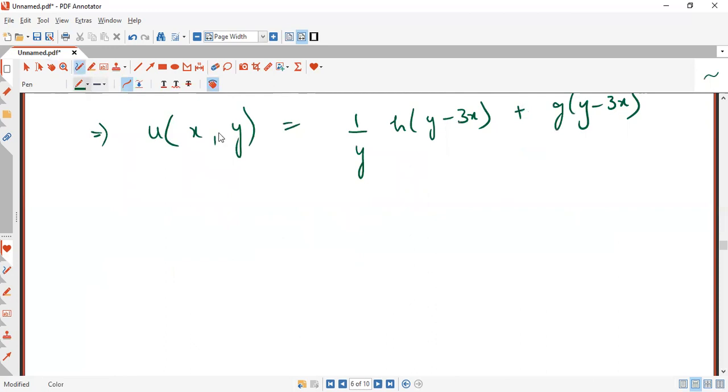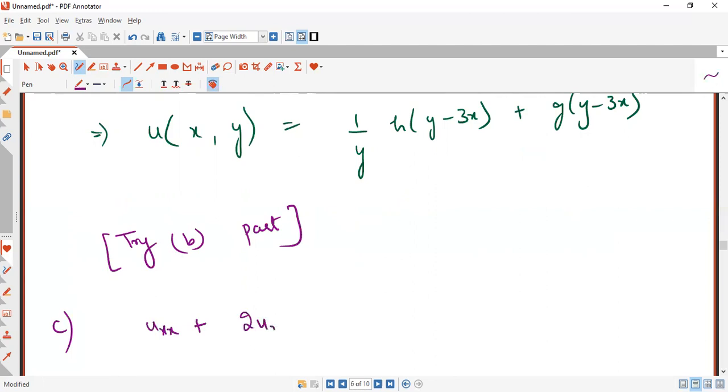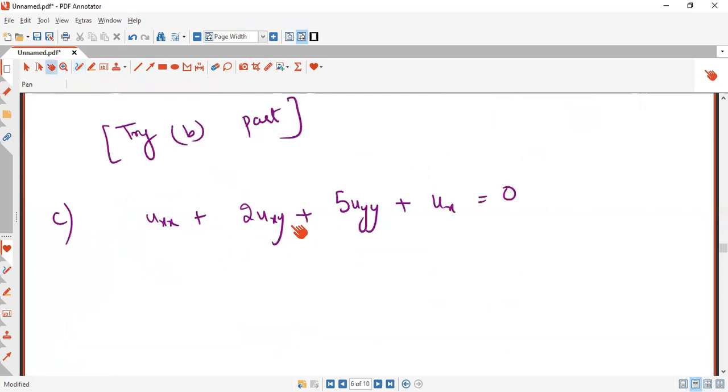We are going to do the third part. The part says uxx plus 2x uxy plus 5uyy plus ux equals 0. Here all the three terms are there: uxx, uxy, uyy. So r, s and t are there.